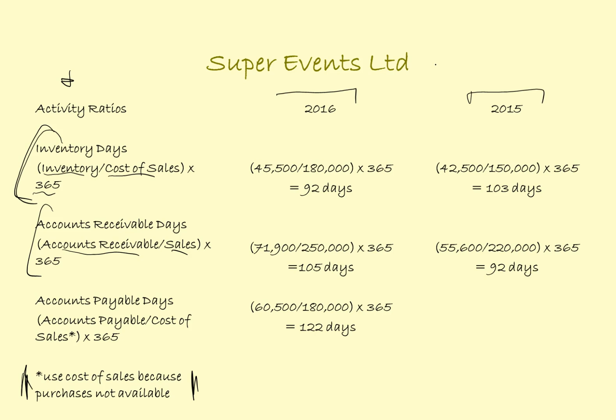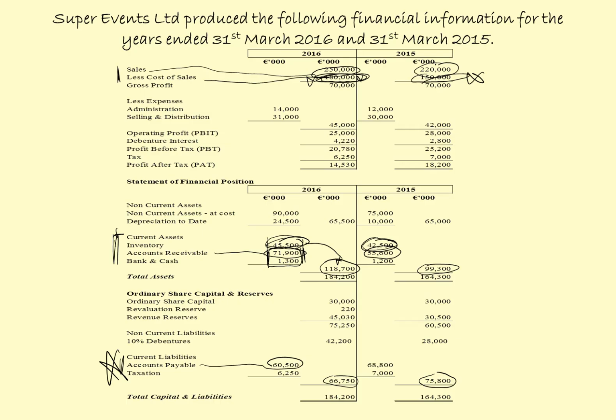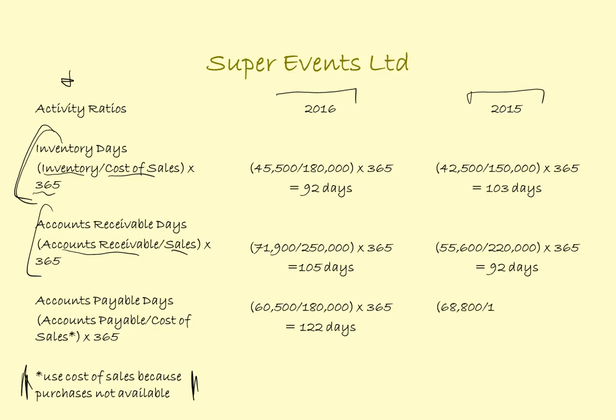And then finally is the accounts payable and the cost of sales. The accounts payable, of course, is the current liability, so 68,800, and the cost of sales, the 150,000. So pop those figures in there, multiply by 365, and I get 167 days.